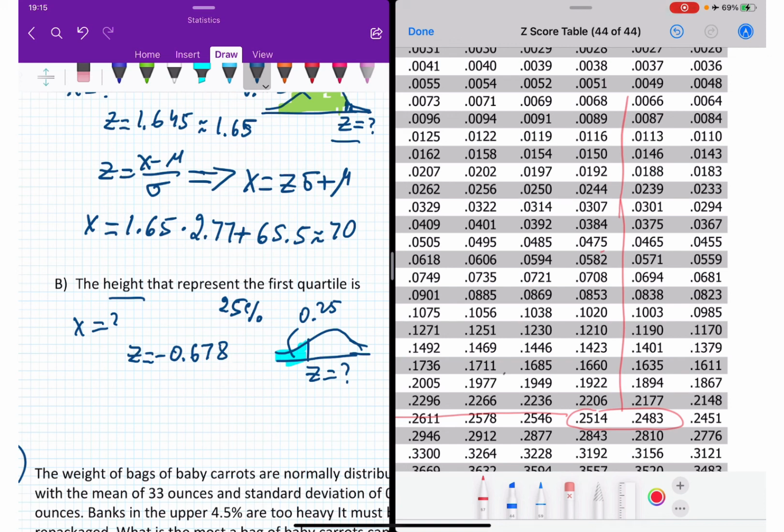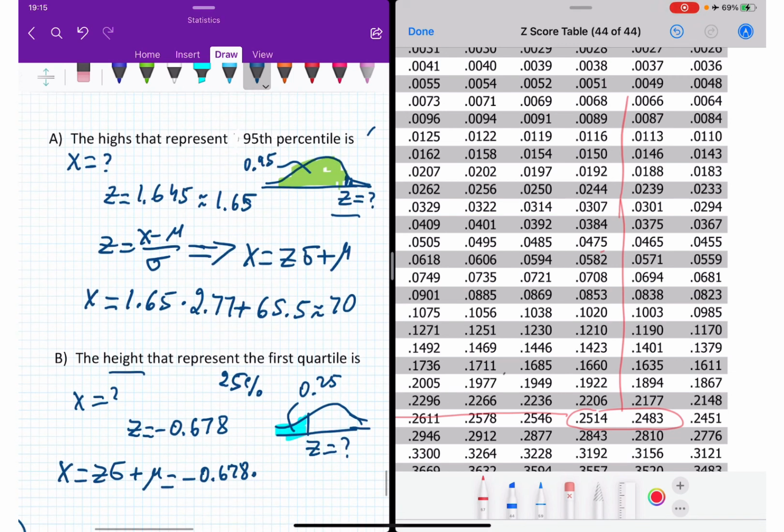Okay. So x is going to be equal from here z-score sigma plus mu. So negative 0.678 times sigma. Where is my sigma? 2.77.